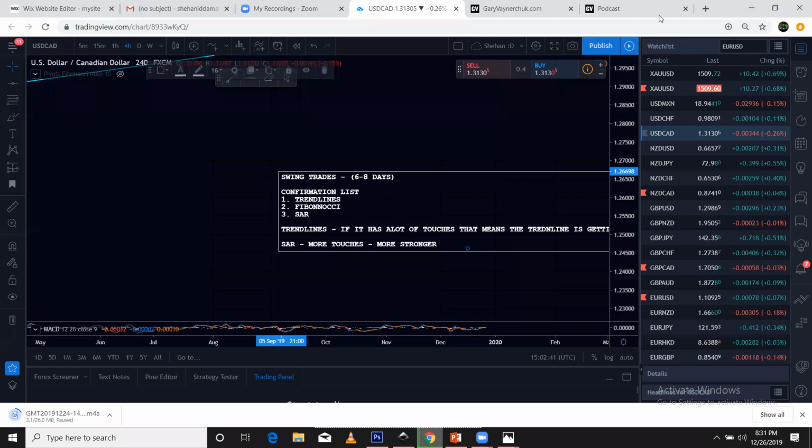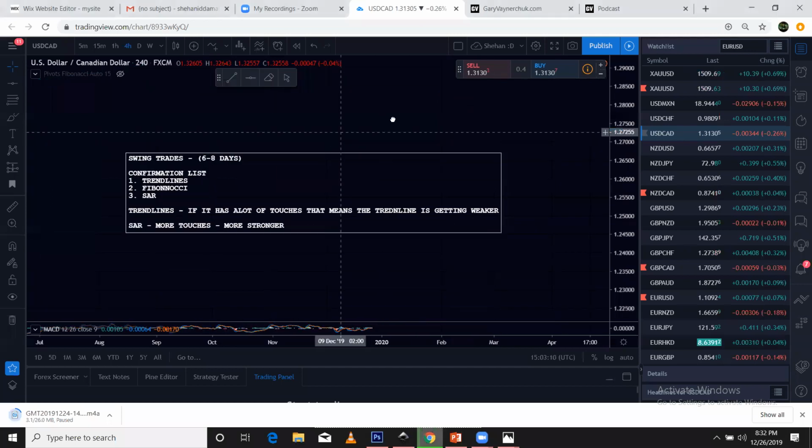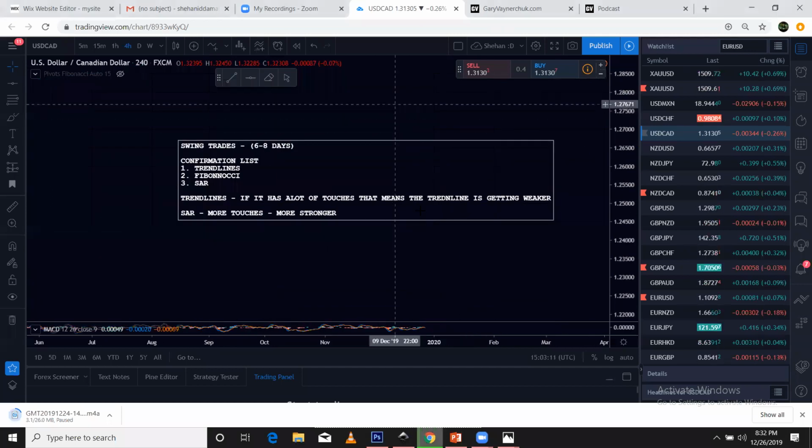Do you get it? If there's a lot of touches in a trend line, the line gets weaker and weaker. But if there's a lot of touches in support and resistance lines, then it's going to get stronger and stronger. Is that clear to everybody?